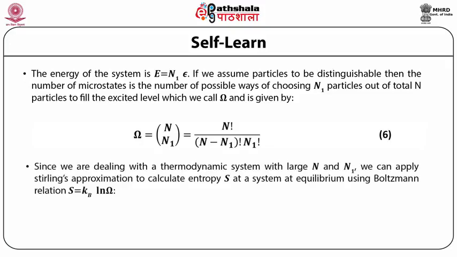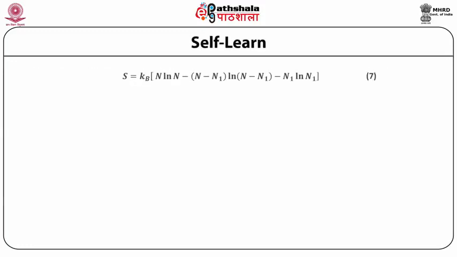Since we are dealing with a thermodynamic system with large N and n1, we can apply Stirling's approximation to calculate the entropy S of the system at equilibrium using the Boltzmann relation S equal to kB log of omega. We get S equal to the Boltzmann constant multiplied by [N log N minus (N minus n1) log (N minus n1) minus n1 log n1].